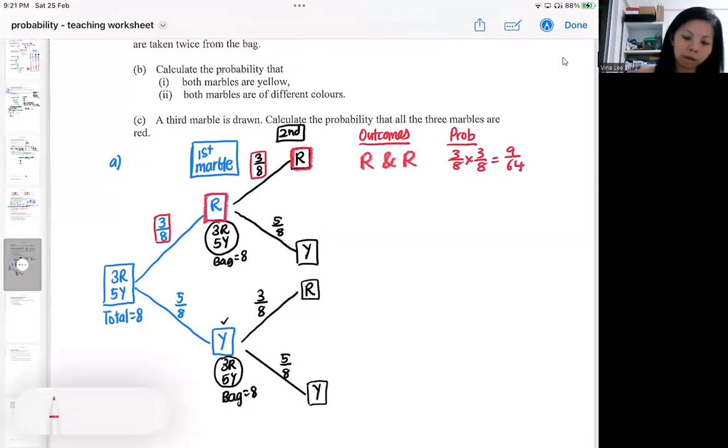Or the outcome can be a red followed by a yellow, and the probability will be the red probability multiplied by the yellow probability.